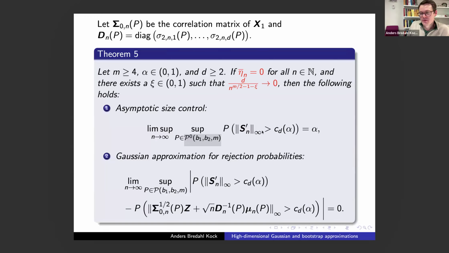Then the rejection frequency would tend to 0, because this C_d(alpha) grows at a rate of square root log d. So this is a sequence tending to infinity, but the maximum would be bounded in probability. So for some distributions, these critical values may be too small, but uniformly, in a sense, the critical values are minimal.